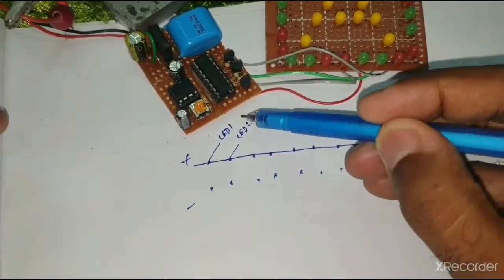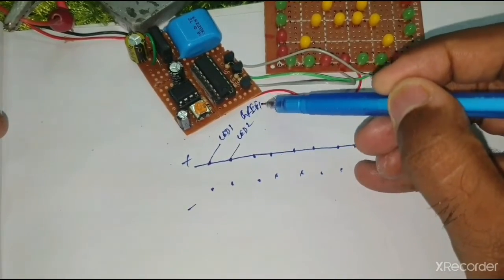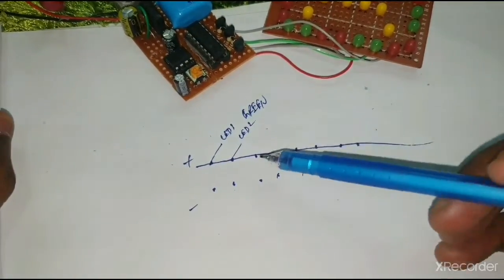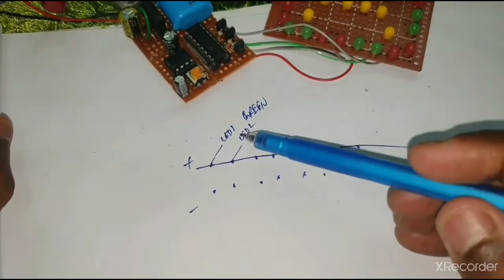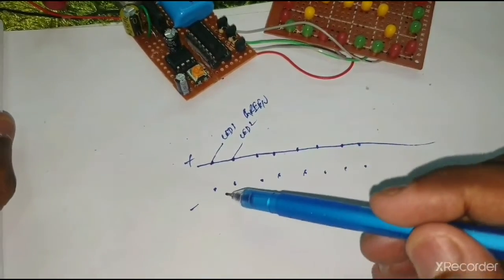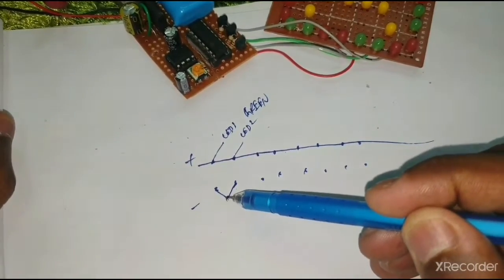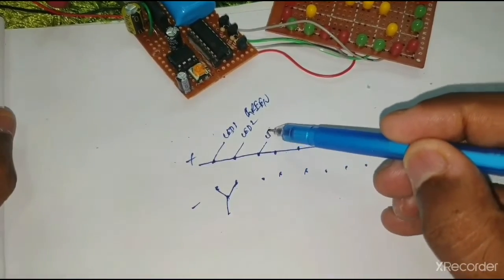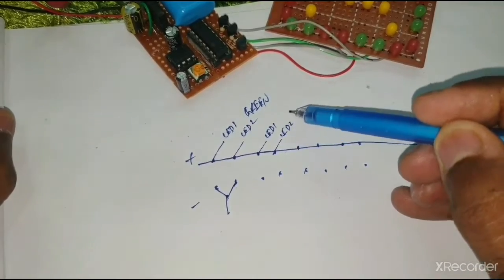This is green. So this green LED negative, 1 pair, should be common. Here is the one output, and this is LED 1, LED 2, red.